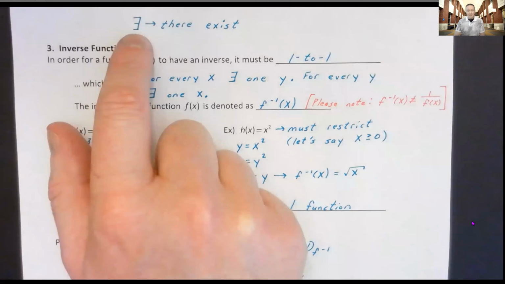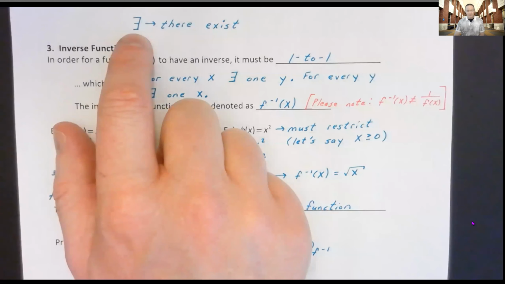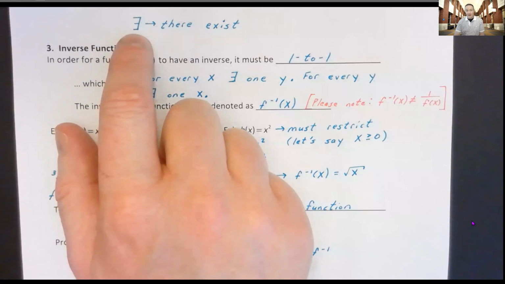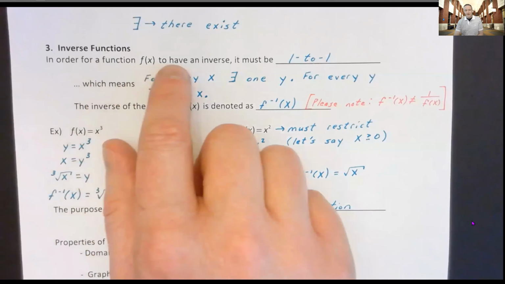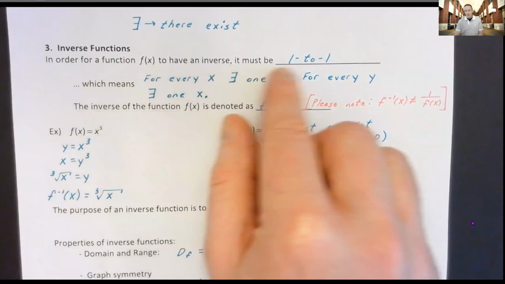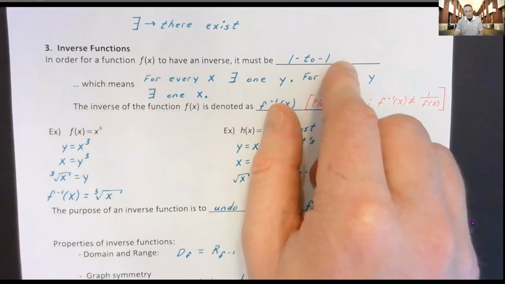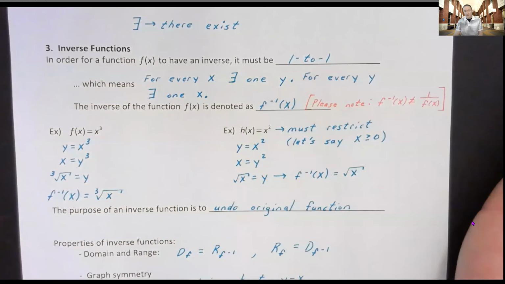Anytime you see this backwards capital E, that's mathematical notation for there exists. So if I say in order for a function f of x to have an inverse, it must be 1-to-1. Well, okay, what does a 1-to-1 function mean?